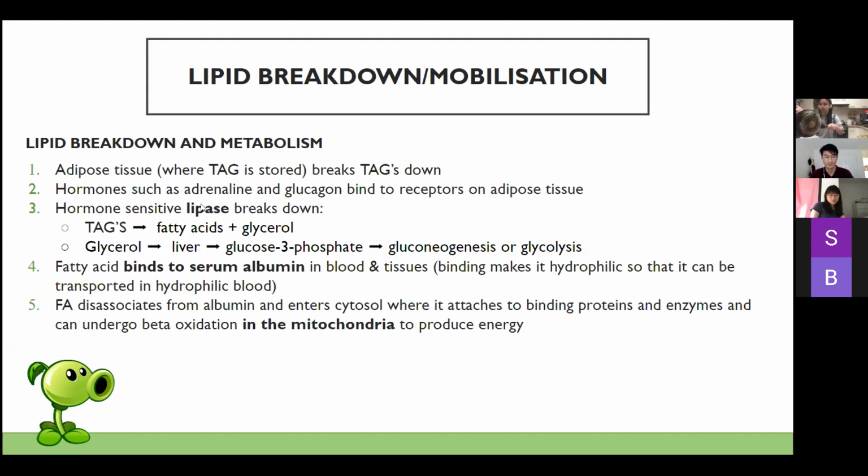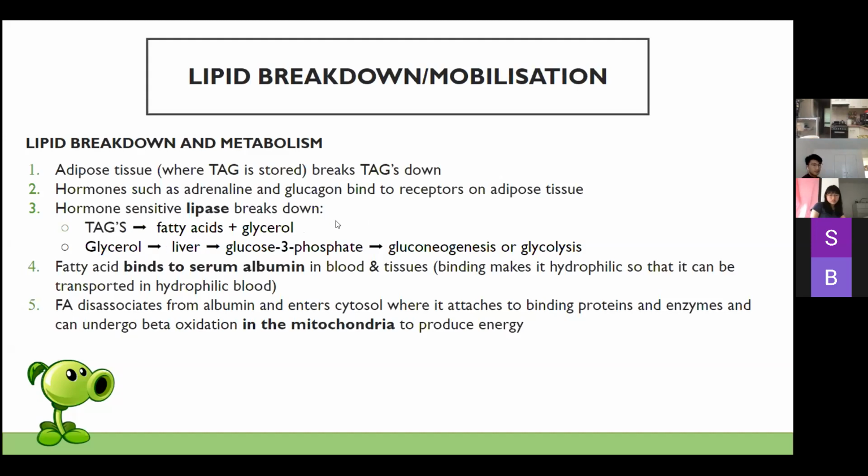The higher amount of these hormones will activate lipase, and that's going to cause a breakdown of triglycerides into fatty acids and glycerol. Yeah, I think that makes sense.